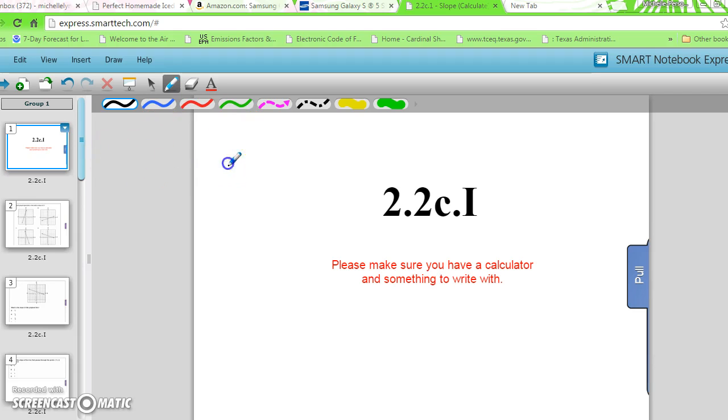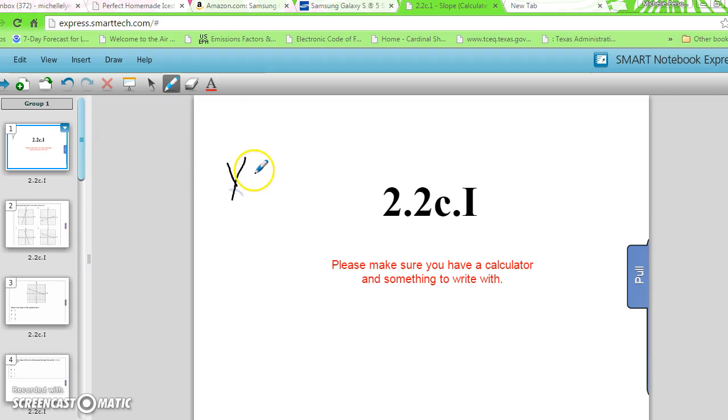The first thing I want you to remember is y equals mx plus b.